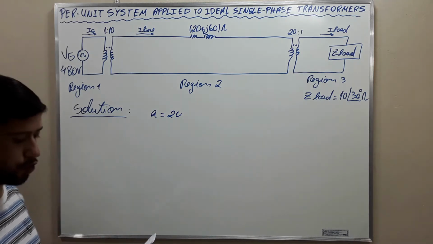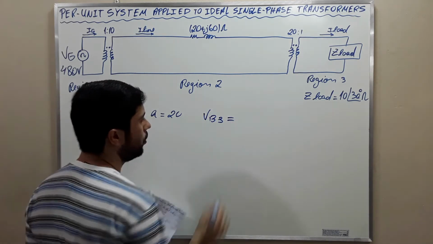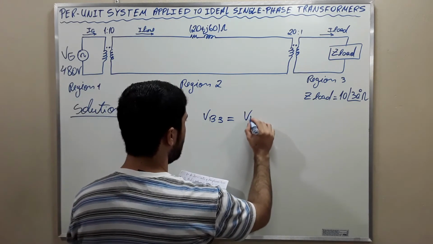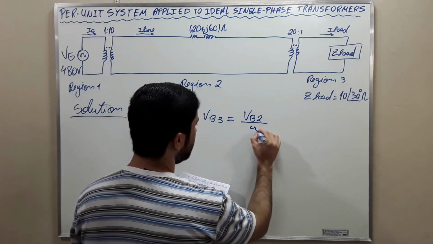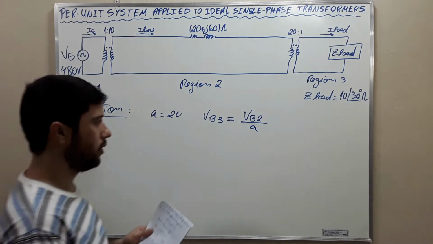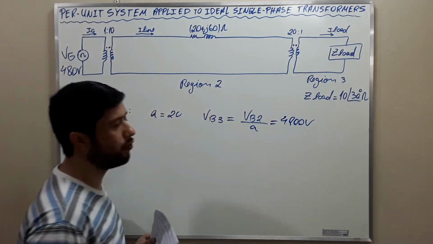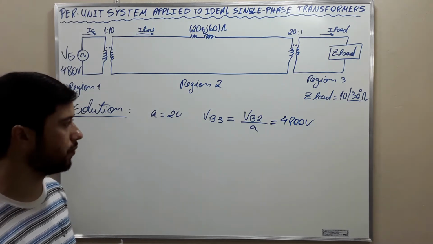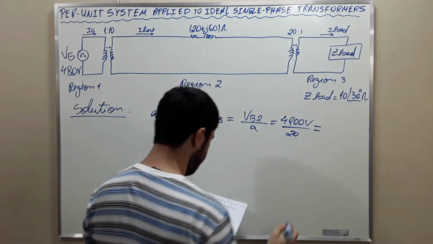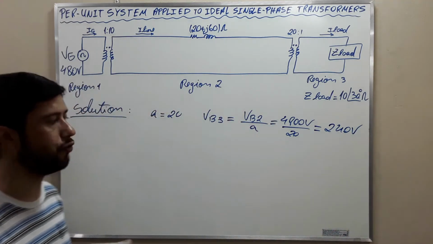Then, for region 3, VB3 will be equal to VB2 divided by the turns ratio. VB2 is 4,800 volts, and the turns ratio 20, and we find 240 volts.